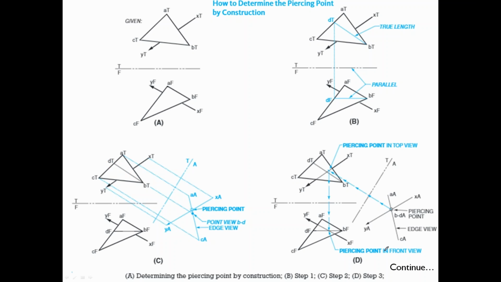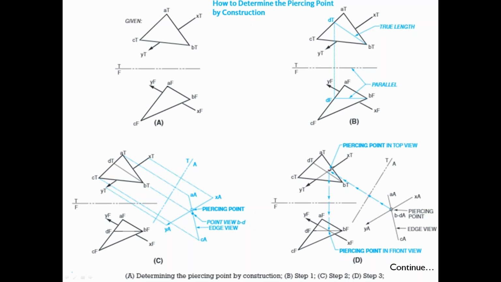Now the final step is to find out how this arrow is going to go through that object. To get the piercing point, you will just project this back to this point here. You're going to terminate that over here. You call it a piercing point.